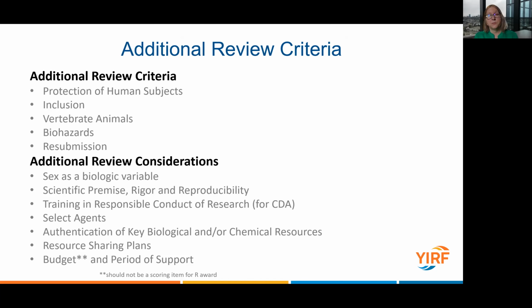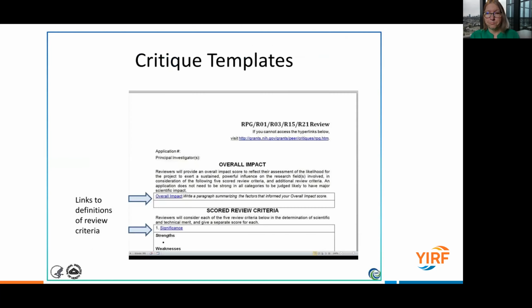Now, the budget's not supposed to be part of your score, but if it's inappropriate, it could influence the way the reviewers look at your grant.